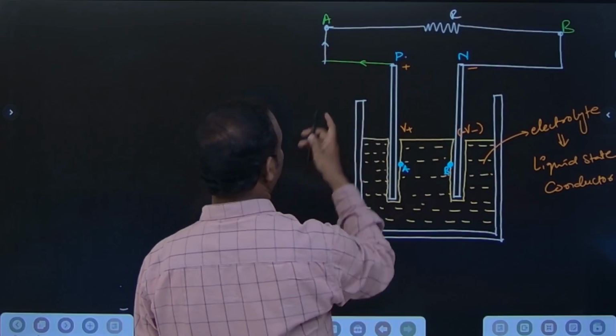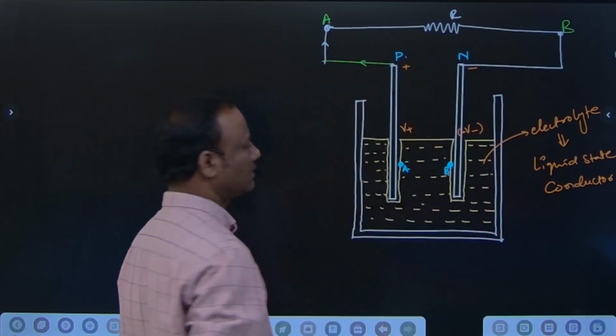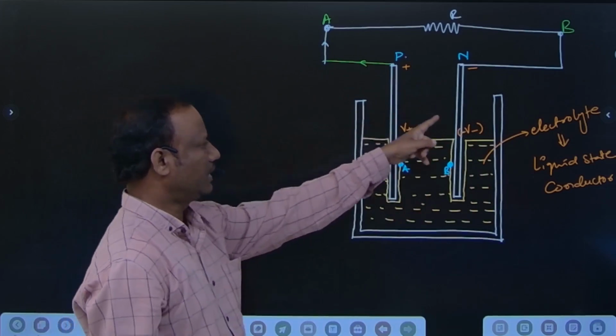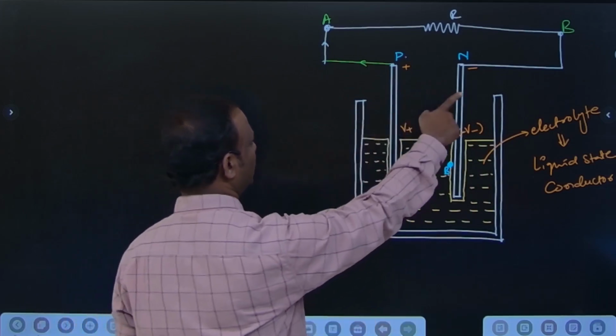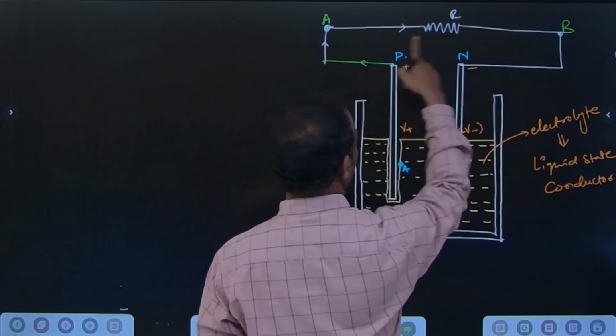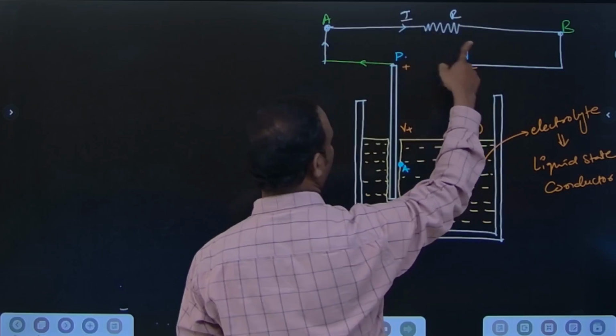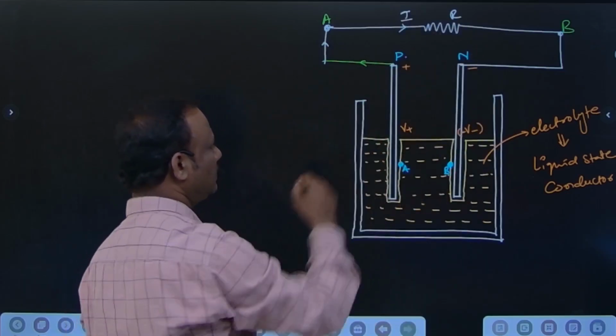Here the external resistance, capital R, is connected between the terminals, the positive electrode at high potential and the negative electrode at low potential. A uniform current flows from A to B in the circuit.